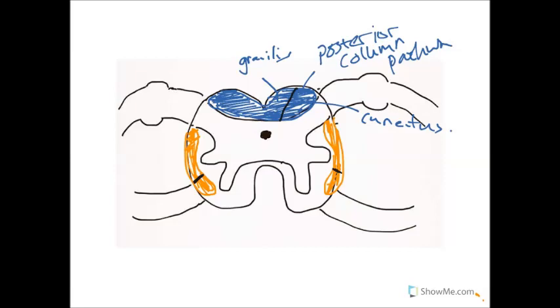Also, there would be a lateral spinothalamic tract, primarily in this area. It's spinothalamic because the information, the second order neuron, goes from the spinal cord to the thalamus. So this is the lateral spinothalamic.